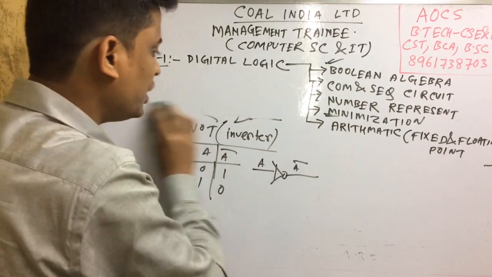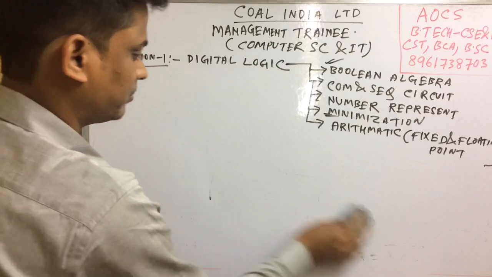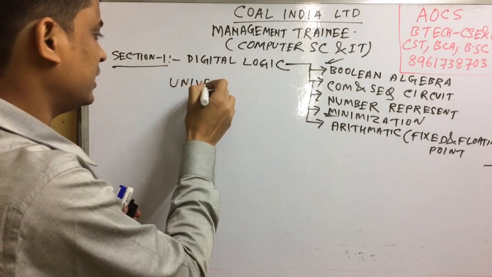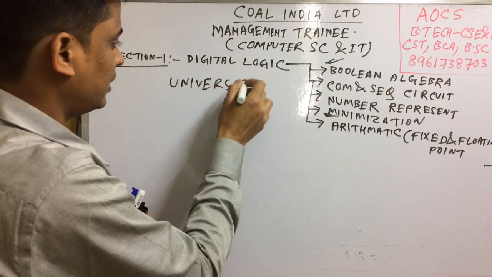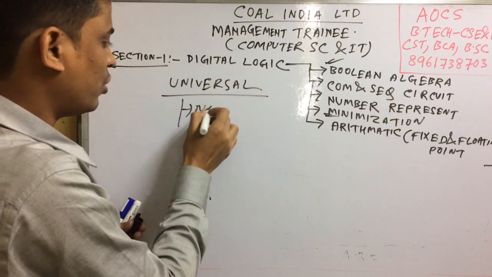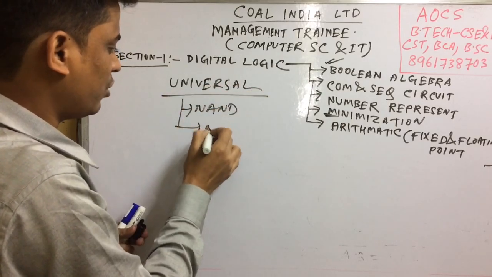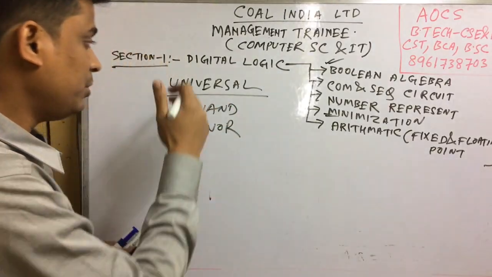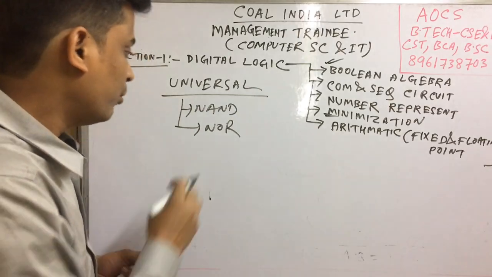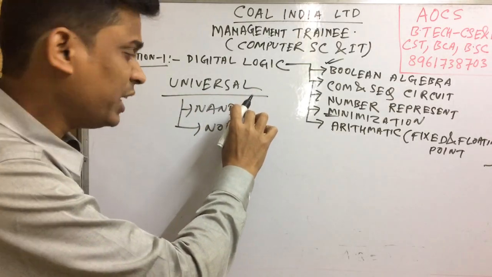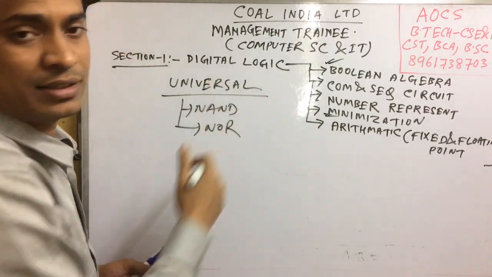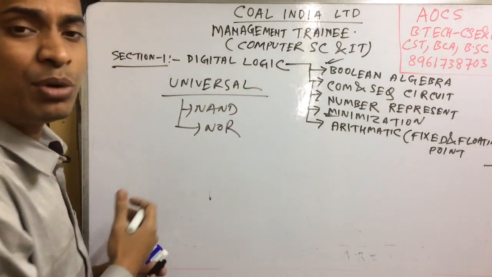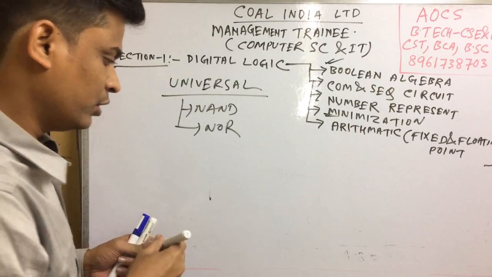And next, universal gates. Why are they called universal? NAND gate and NOR gate are called universal gates, because from these gates we can construct any gate, whether basic or exclusive OR or exclusive NOR also.